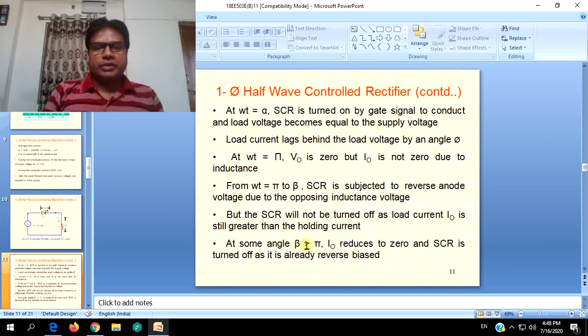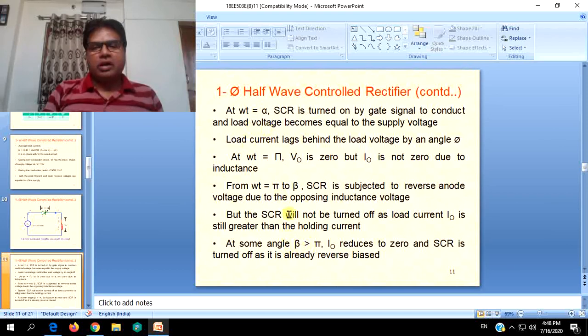This angle beta is the angle at which the current becomes 0. From omega t equal to alpha, current starts to flow through the SCR and the load, and it becomes 0 at beta, which is more than pi.